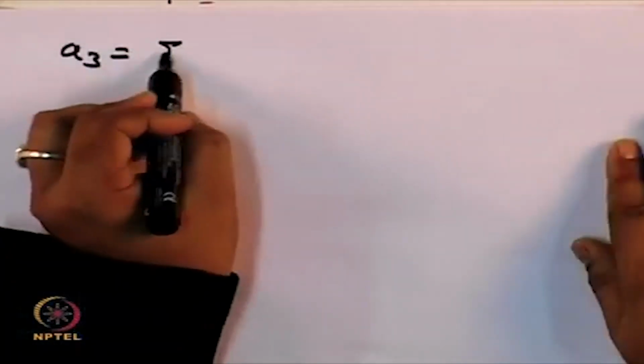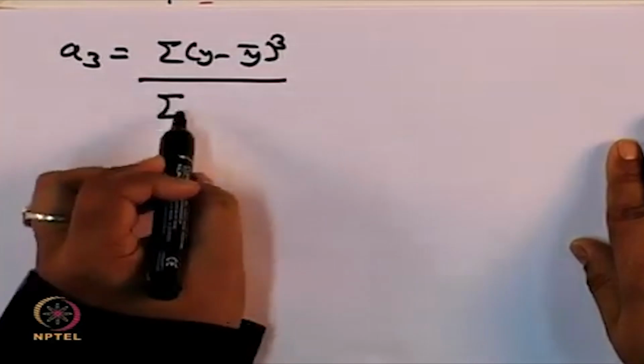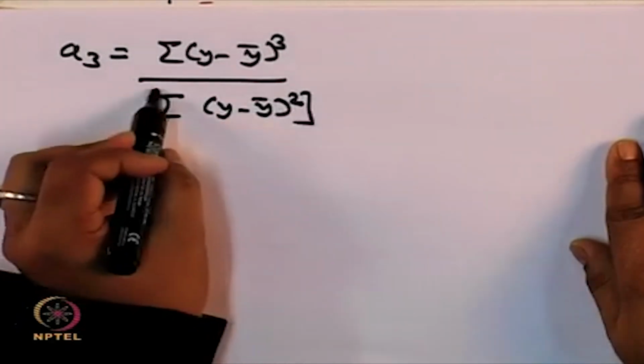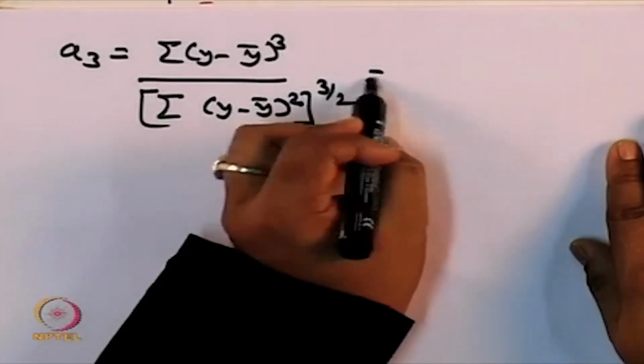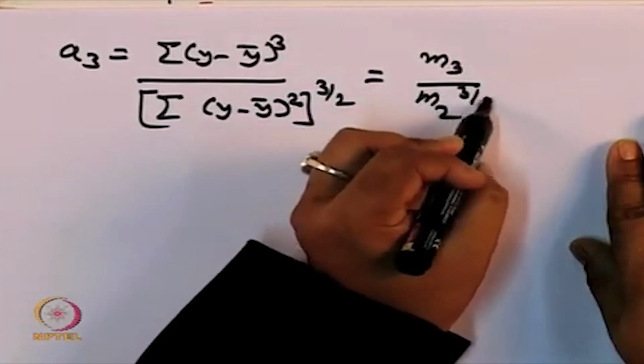Skewness is defined in a slightly different way: A3 is equal to the summation of (y minus y bar) whole cubed by the summation of (y minus y bar) whole square, whole to the power of 3 by 2. I can again rewrite this as m3 by m2 whole to the power 3 by 2.